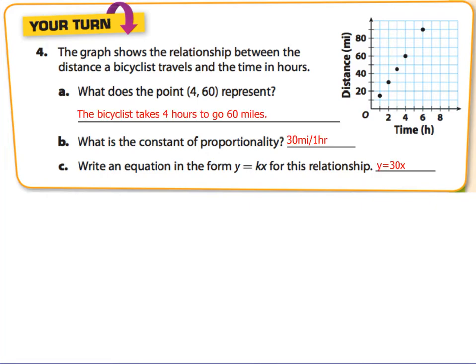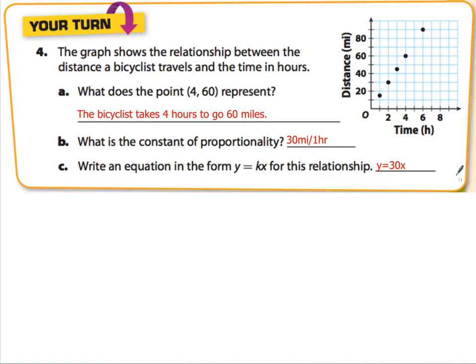All right, so the point (4, 60) tells me that the cyclist takes 4 hours to go 60 miles, because it's 4, 60, so over 4 and then up to 60. And what is the constant of proportionality?